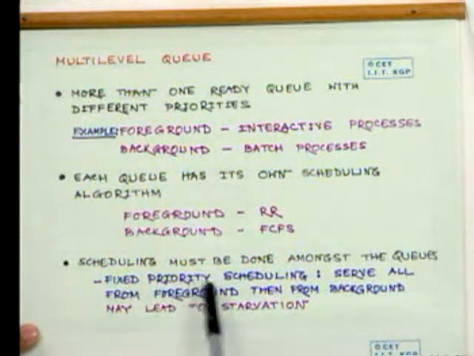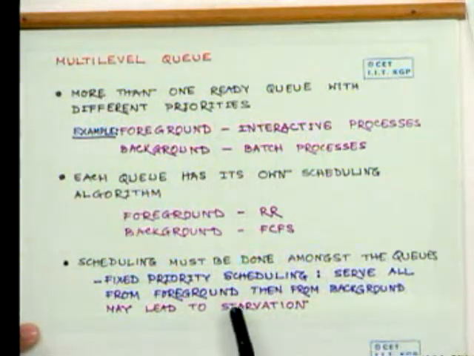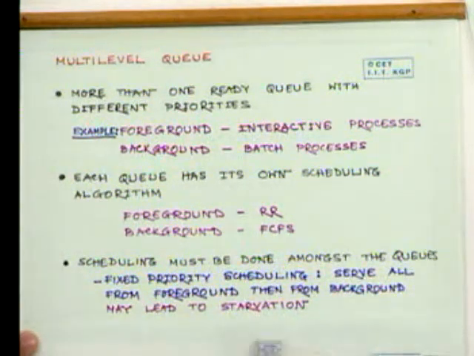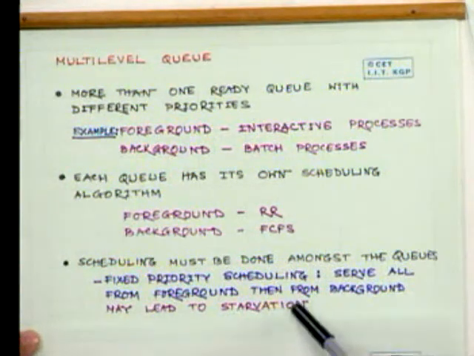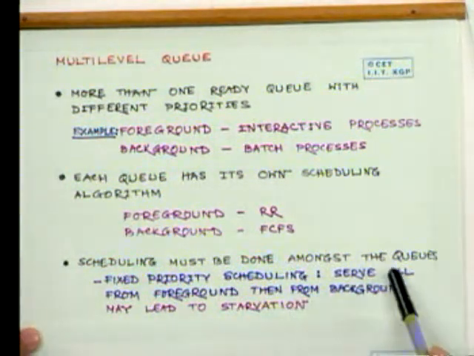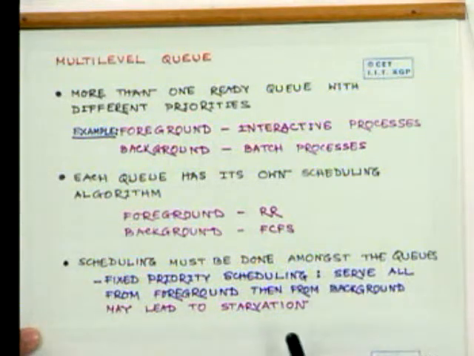There can be fixed priority scheduling, which means serve all the processes from the foreground and then from the background. That may lead to starvation, because if there are sufficient processes in the foreground queue, no process from the background queue can be taken at all, and they will be starved.